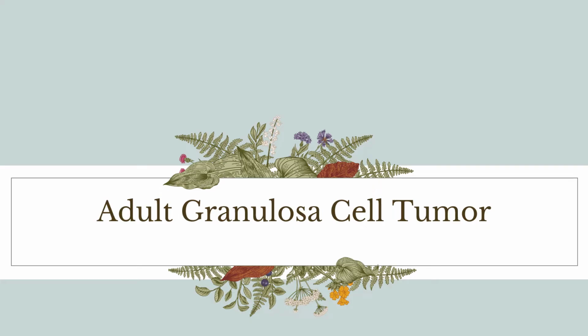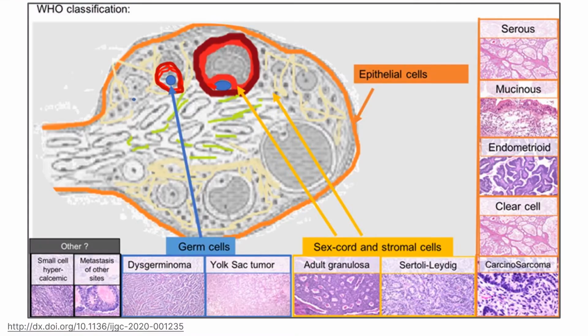Now we move to adult granulosa cell tumor. Ovarian tumor may arise from various tissue within the ovary.